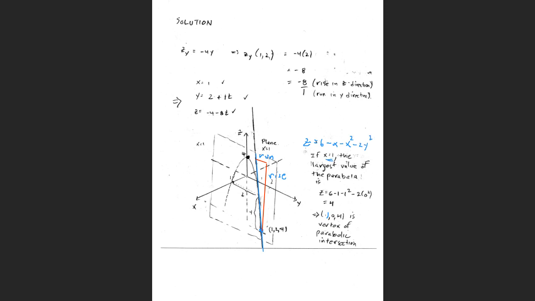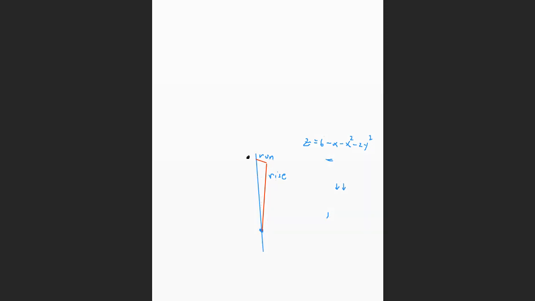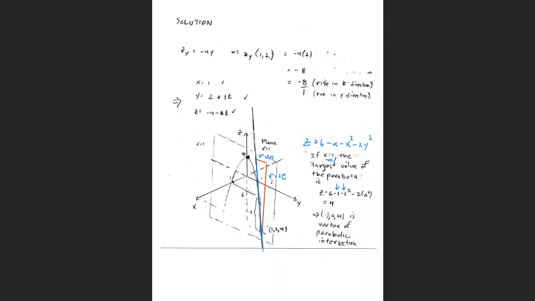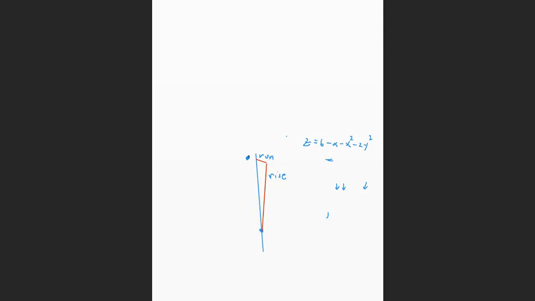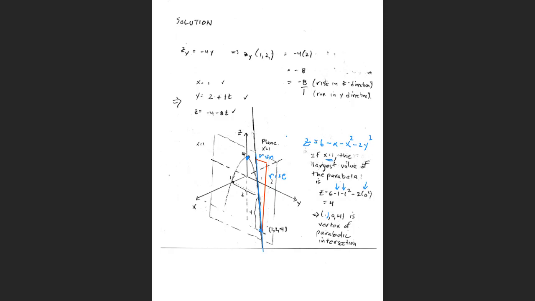So x is 1, so I put 1 in for x. And then y, you want it to be as small as possible, so you let y equal 0. So that gets you z equals 4, and so the point (1, 0, 4), which is here, is the highest point on the paraboloid.